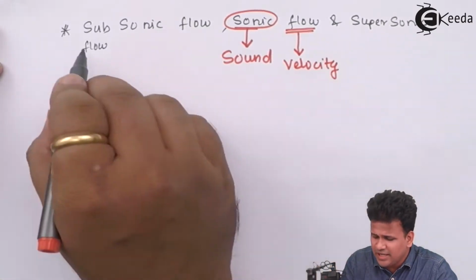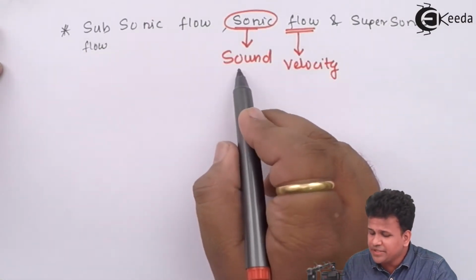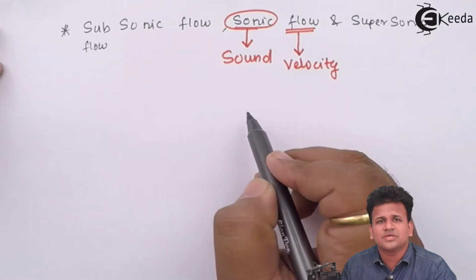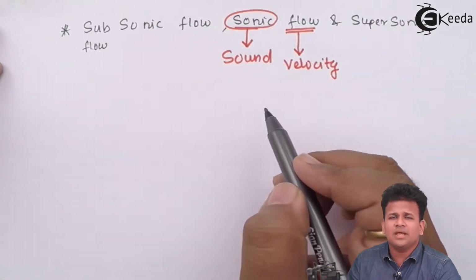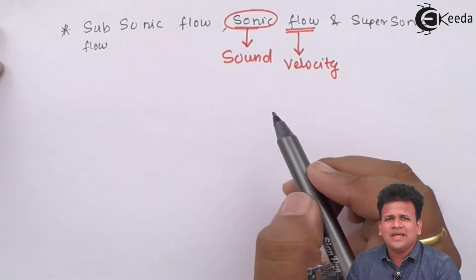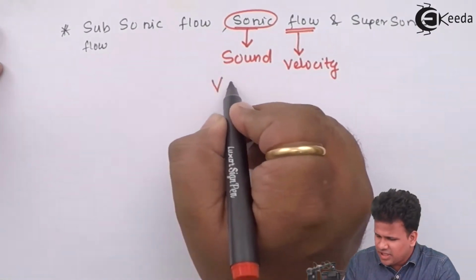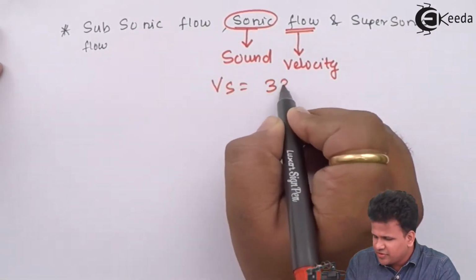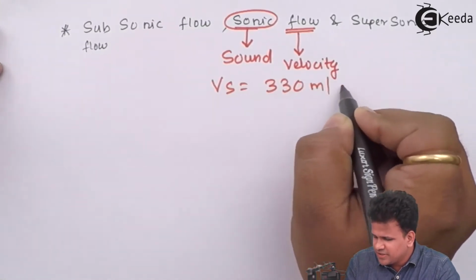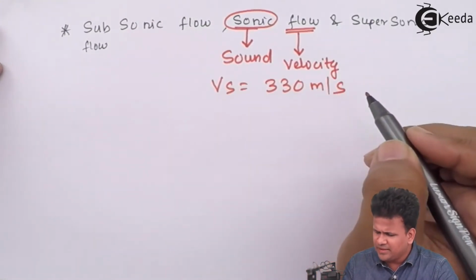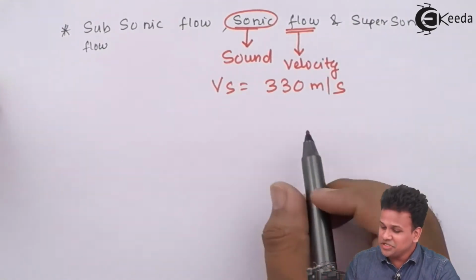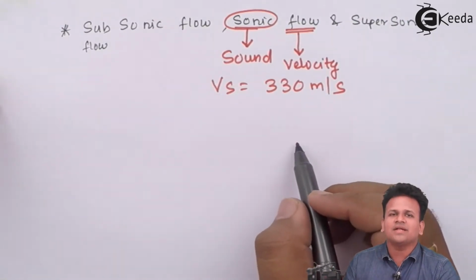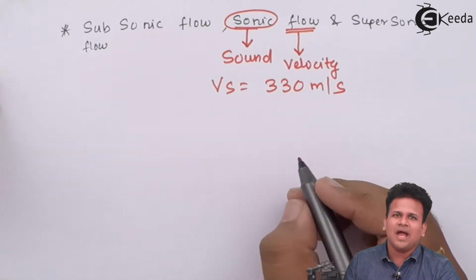So this entire module is dependent upon sound velocity, or velocity of sound. Generally the velocity of sound is given as approximately 330 meters per second at atmospheric temperature and pressure.